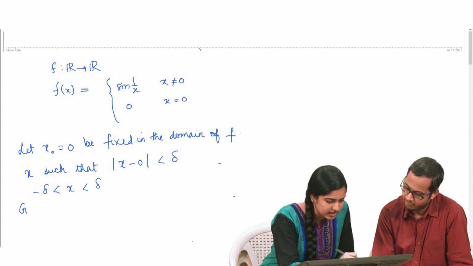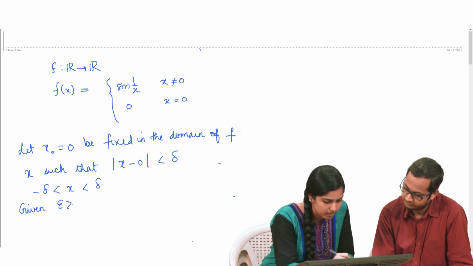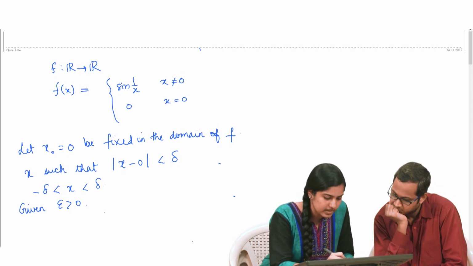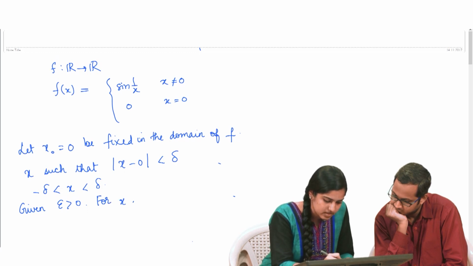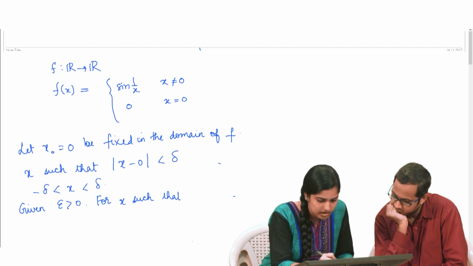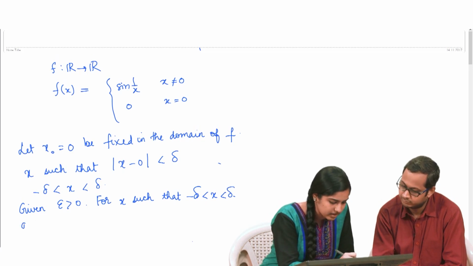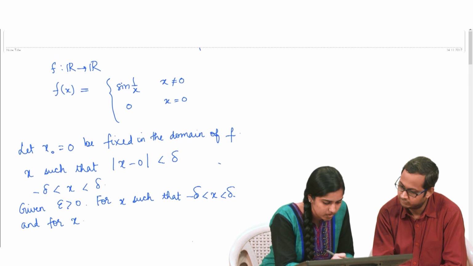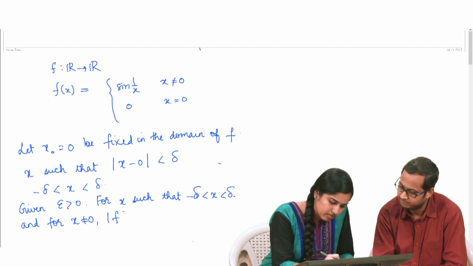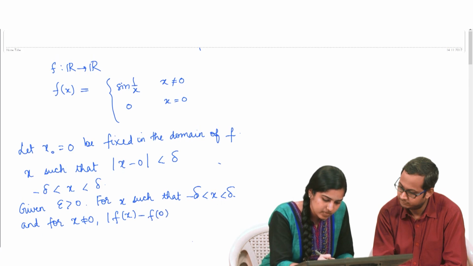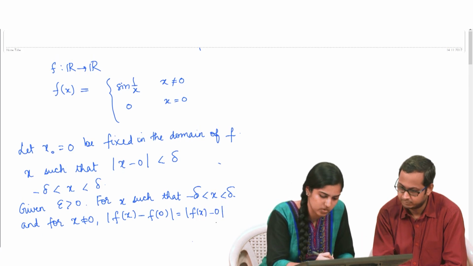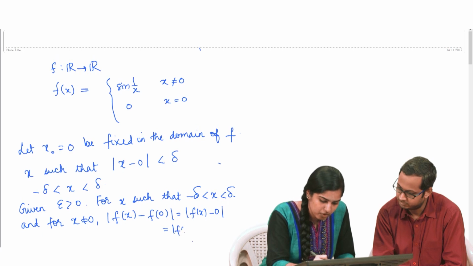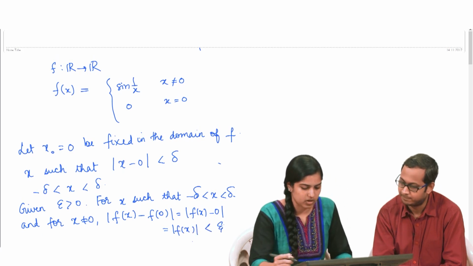Given any epsilon greater than 0, to check the continuity, I need to check that for all x with minus delta less than x less than delta, and x not equal to 0, modulus of f of x minus f of 0, which is modulus of f of x minus 0 since f of 0 is 0, equals modulus of f of x. I want this to be less than epsilon.